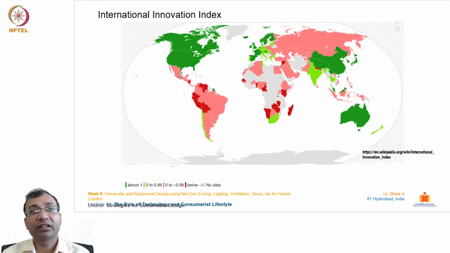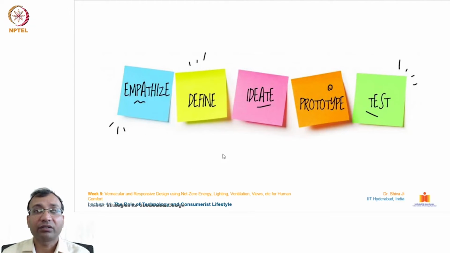In this one, countries such as the US, Canada, China, Australia, the United Kingdom, Sweden, Norway, France and Germany are doing very well on this international innovation index. India is not far behind. India is also in the second slab over here, in the light green. But there is a huge list of countries that are still struggling with innovation in their everyday R&D and other growth and development activities.